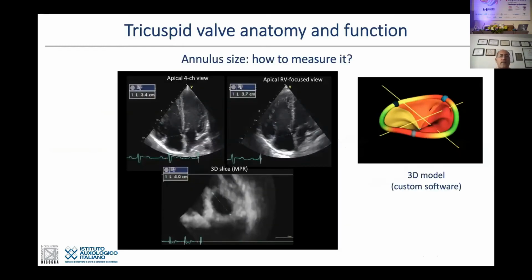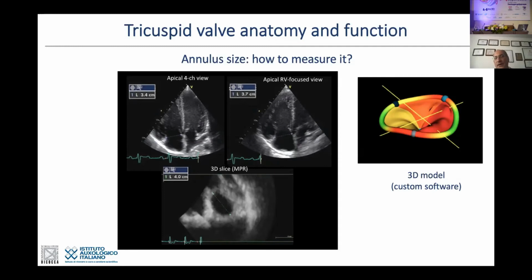And also, for the same patient, it depends very much on how you acquire, because you see here the big differences in the diameters of the tricuspid annulus according to the orientation of the view, and most importantly, none of them was really the major diameter that you can appreciate in this multi-slice view.